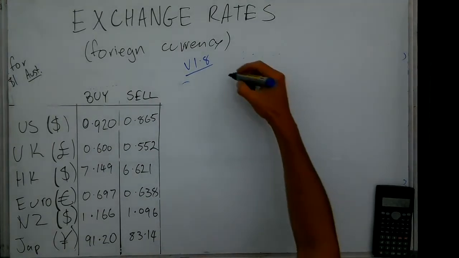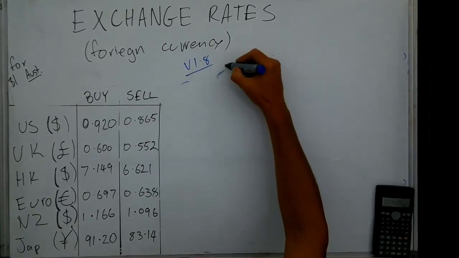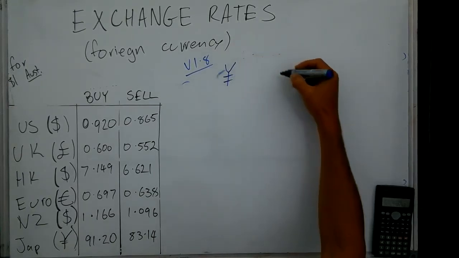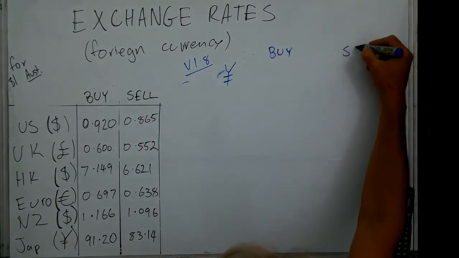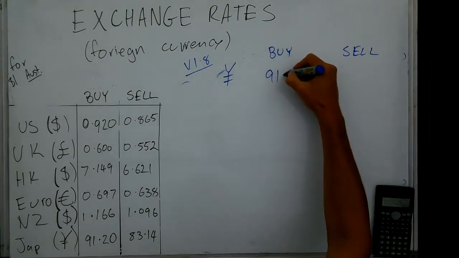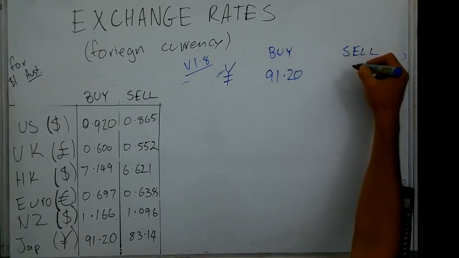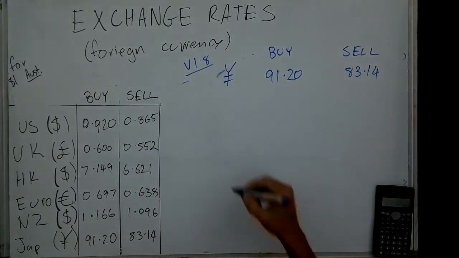Okay, so let's just look at the yen symbol. So we got, I'm just going to rewrite these numbers. 91.20 and 83.14 for the middle rate.